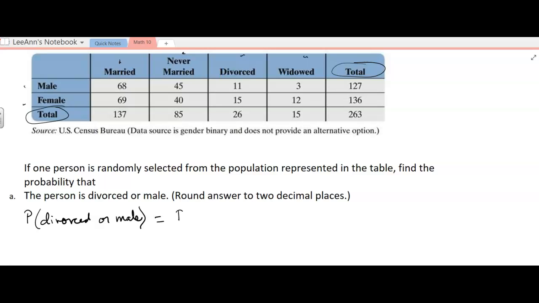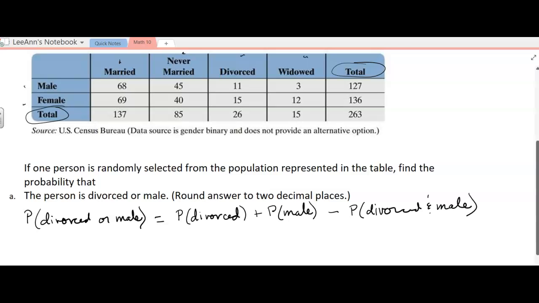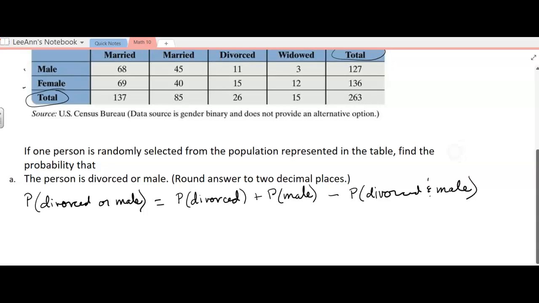So we want to take the probability of being divorced plus the probability of being male, and then we're going to subtract the probability of being divorced and male. So what's the probability of being divorced?